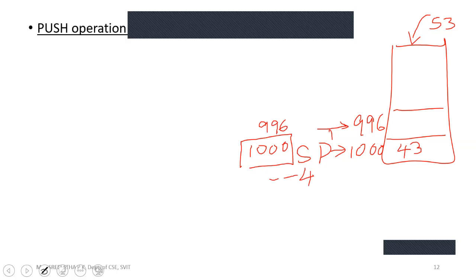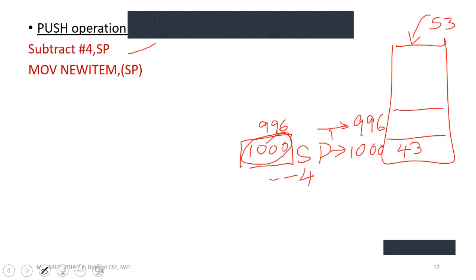So the push operation goes like this: subtract 4 from whatever is there in SP and put this value in SP. So SP content now is 996, meaning SP is pointing to 996. And now move the new element to this position.